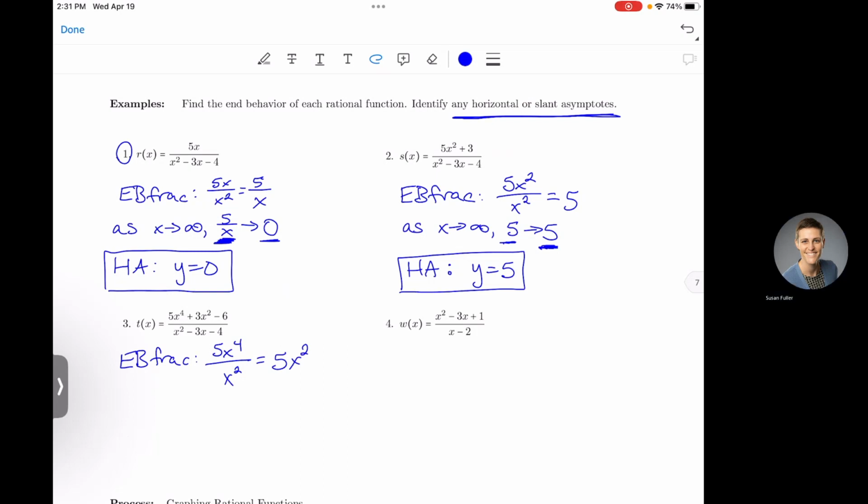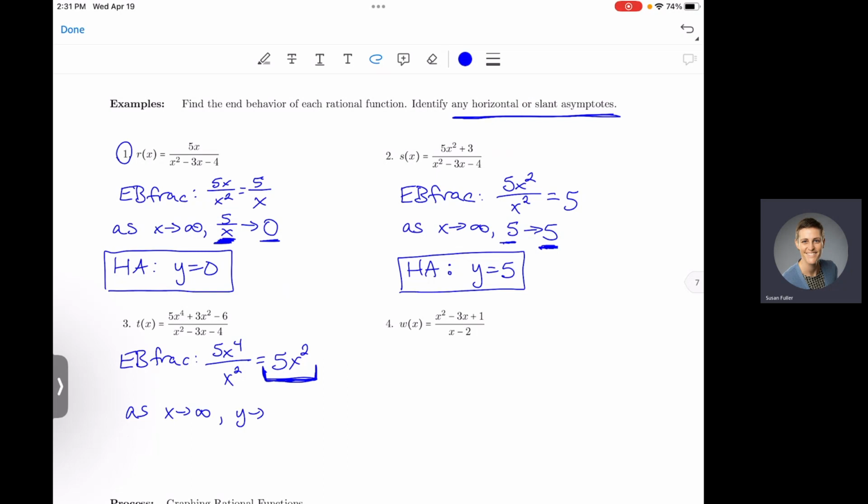That means as x gets big at our ends, my function's going to look like 5x squared. Now, this is a polynomial, which means this thing is going to have polynomial end behavior. And that means we are going to find our end behavior just like we did on Monday.